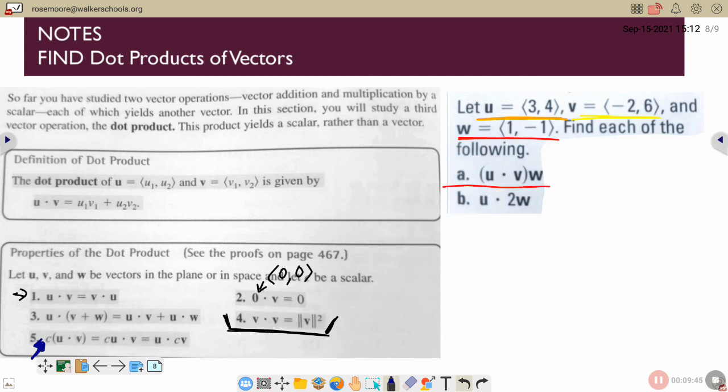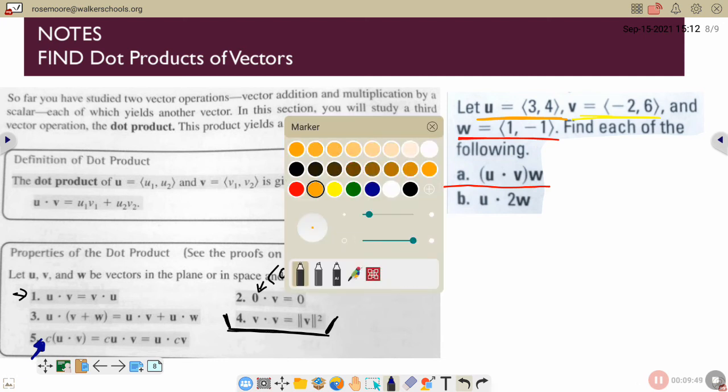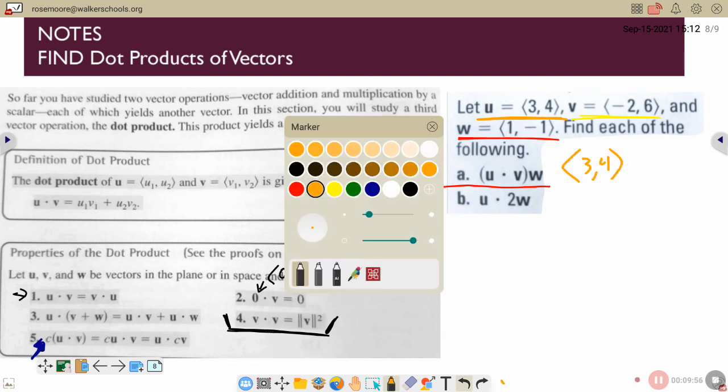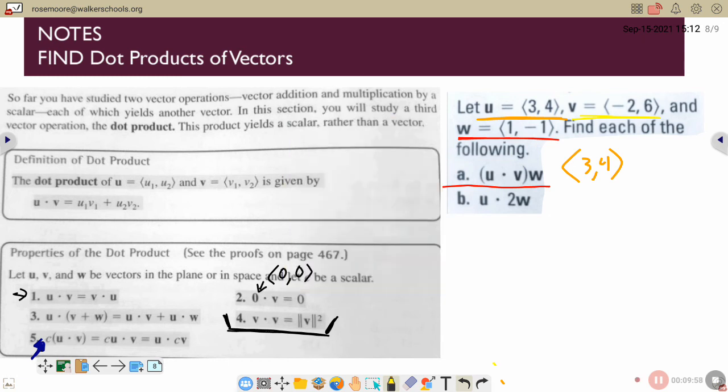If I have u dot v, that means I'm going to take my u, which is 3, comma 4, and my v, which I hope shows up in yellow, -2, 6. Maybe it won't be so bad because it's a video. And I'm going to dot them. So x is first.